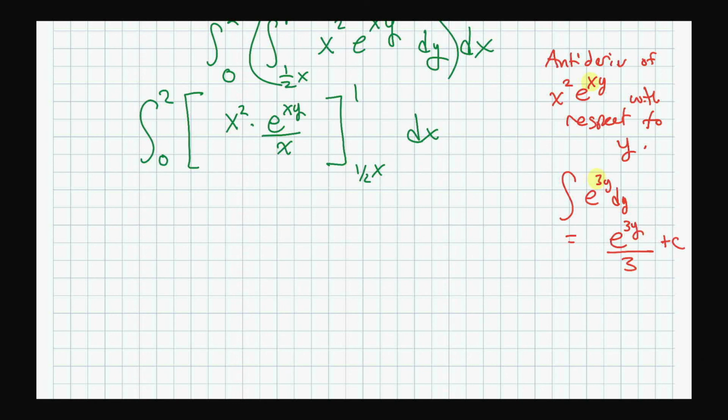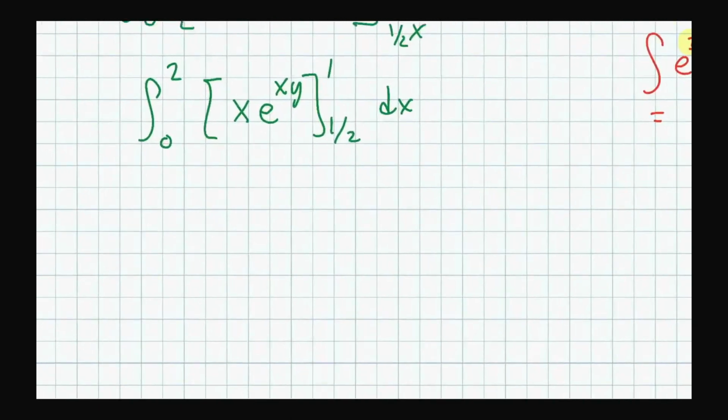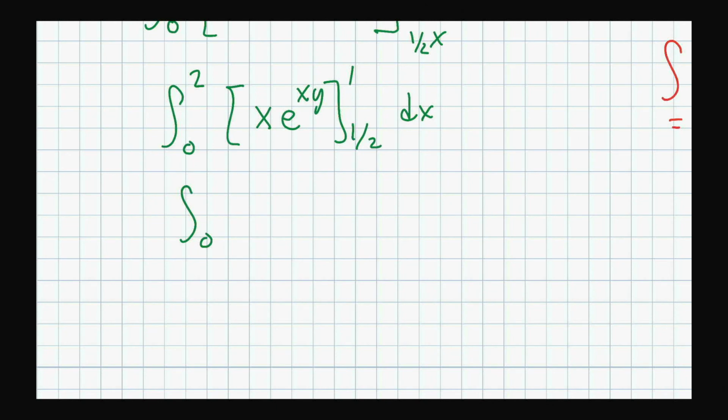So we're here. Before you go and you substitute in these limits of integration, we should probably cancel one of these x's with one of these x's. So integral from 0 to 2, cancel an x, is just going to be x e to the xy from 1/2 x to 1. And that's, you're substituting that in for y. So 0 to 2.